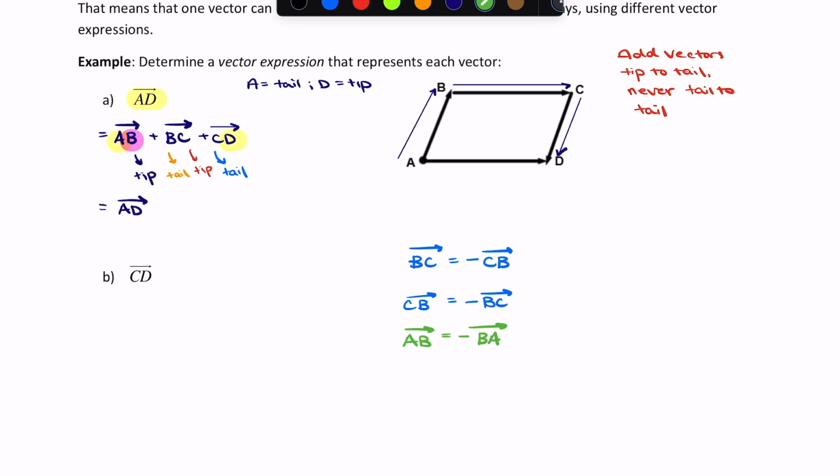So here we're looking again from C, which is our tail, to D being our tip.